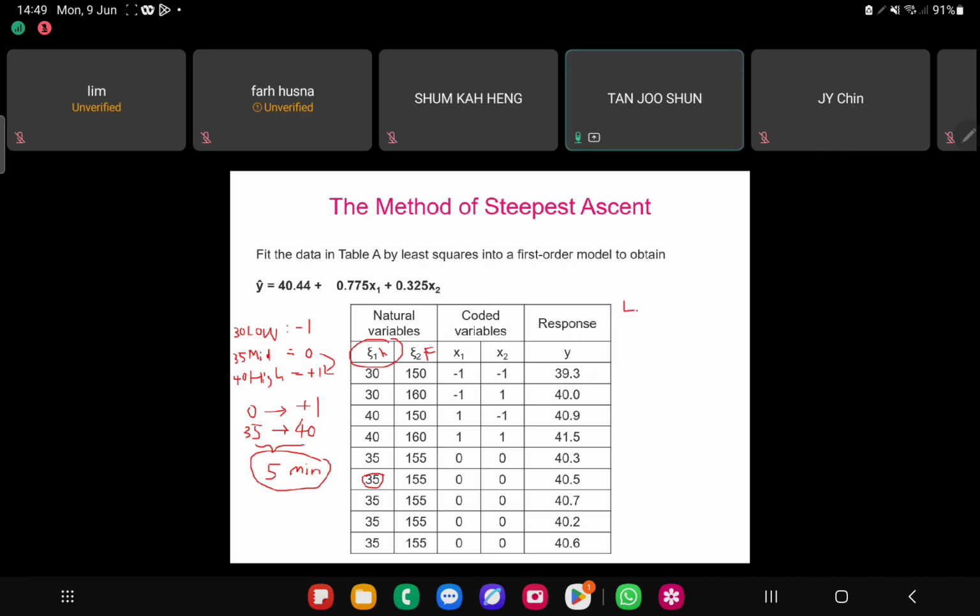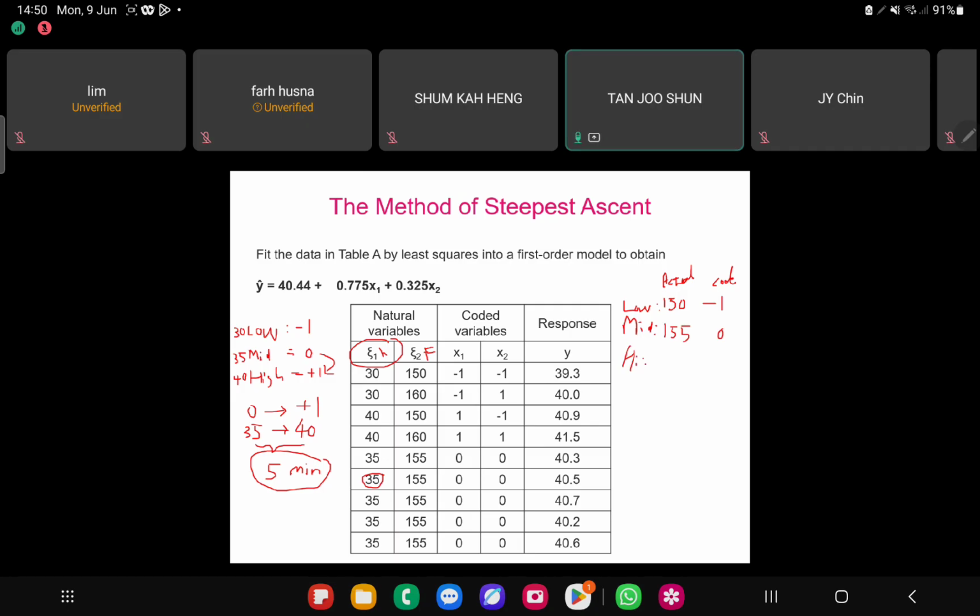Temperature low is 150, which is also -1 coded. Mid, this is actual and this is coded. Mid is 155, this is 0.